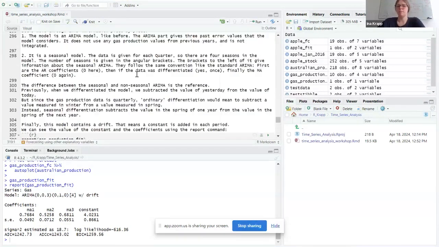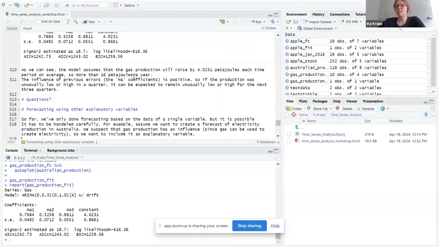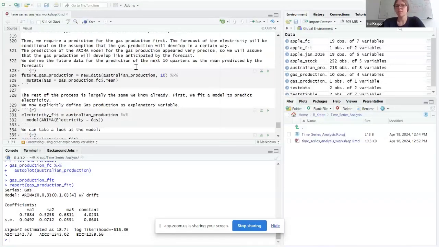We just have to keep in mind that it is under the assumption that gas production will develop in a certain way. For this reason, these types of forecasts are also sometimes called conditional forecasts. They are only precise in case that the scenario enters for which they make the prediction, but in case this scenario enters, they tend to be more accurate than a forecast which, so to say, aims to plan for all scenarios at once.